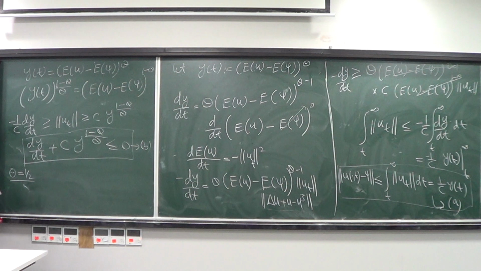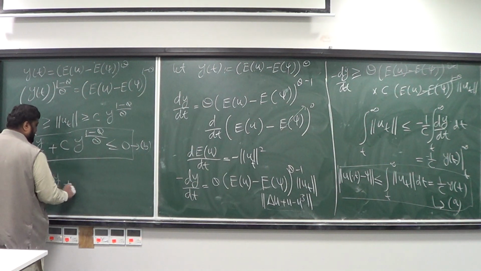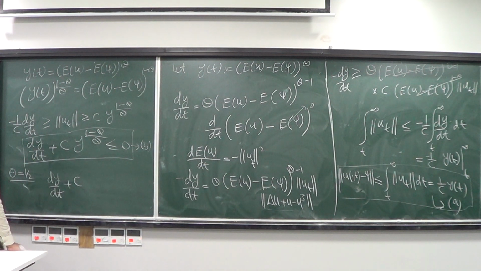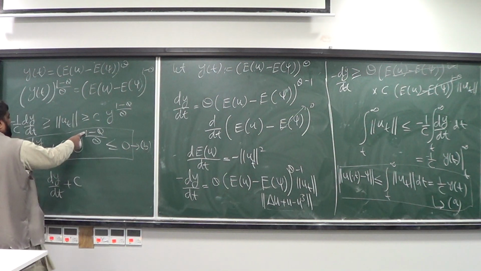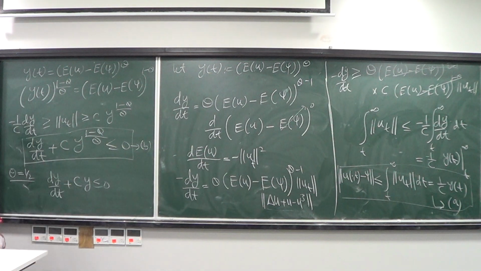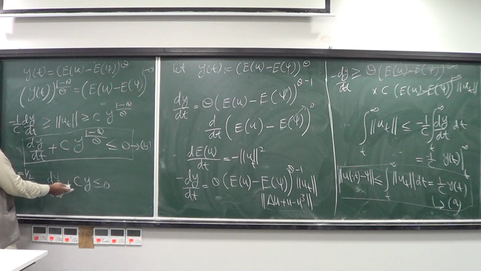If you take theta to be 1/2, you will get dy/dt plus c times y to the power 1 minus 1/2, so this becomes 1/2, which gives c times y less than or equal to 0. And I can easily solve this inequality by multiplying both sides by an integrating factor and simplifying.